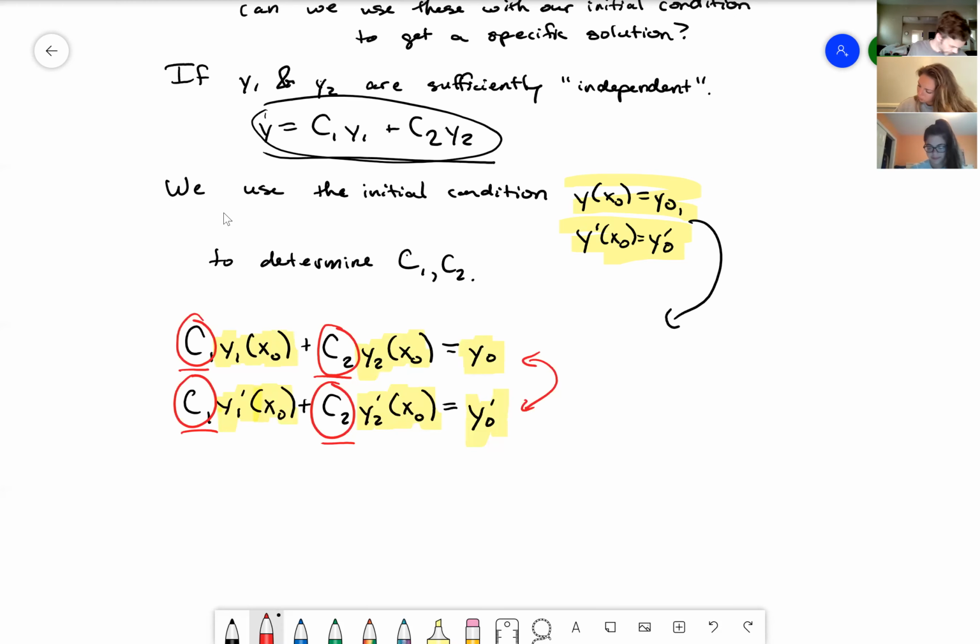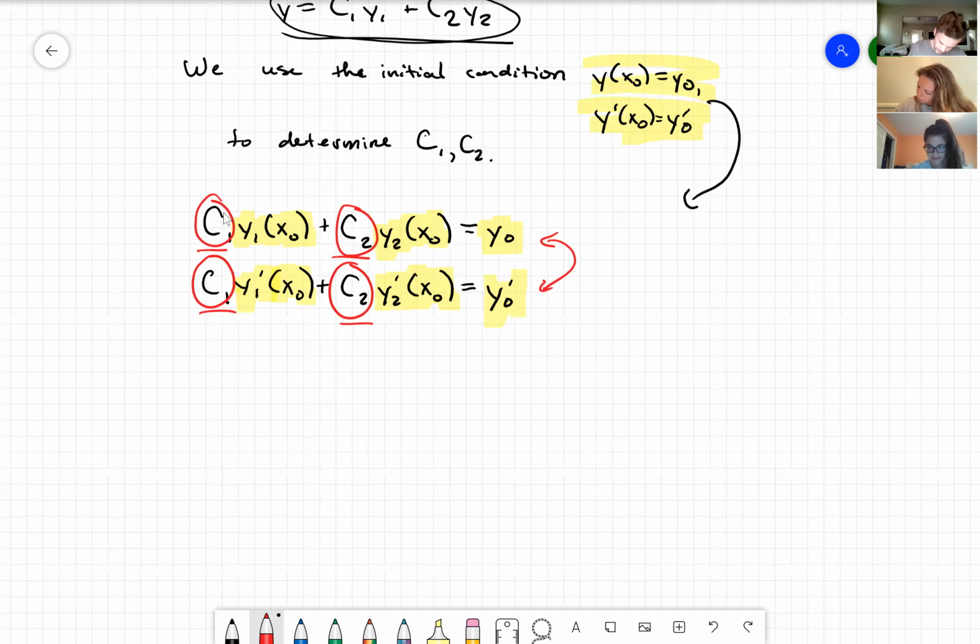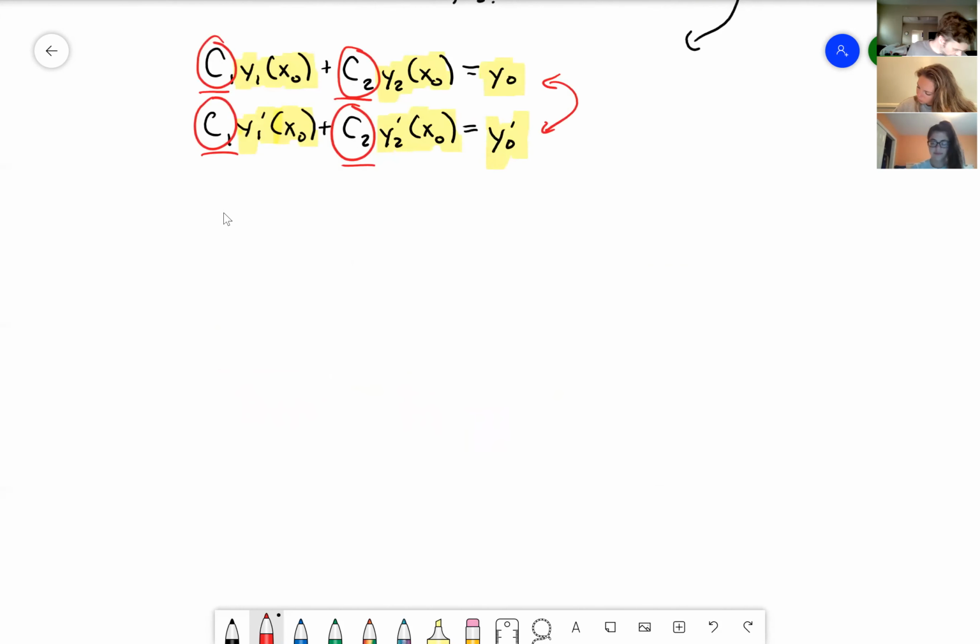Now remember, if we were looking at a general system of two equations and two unknowns, we were writing this as ax plus by equals m, and cx plus dy equals n.